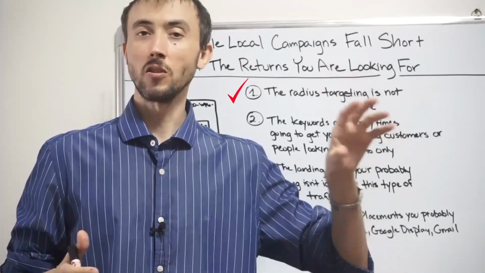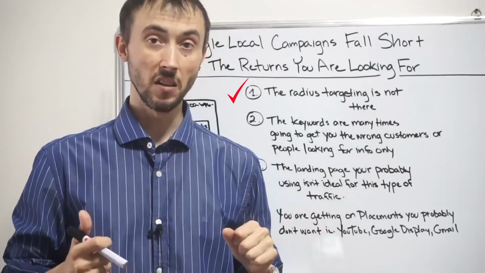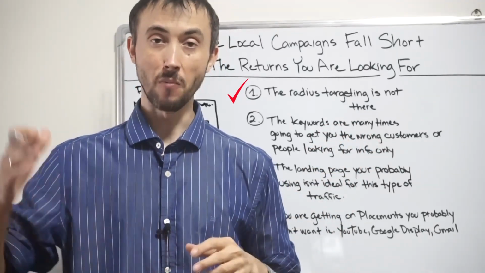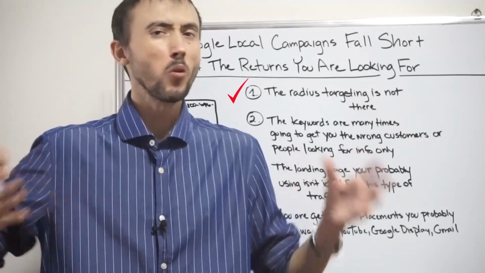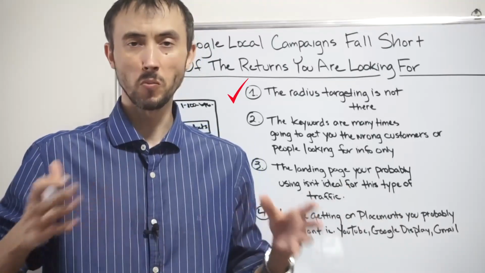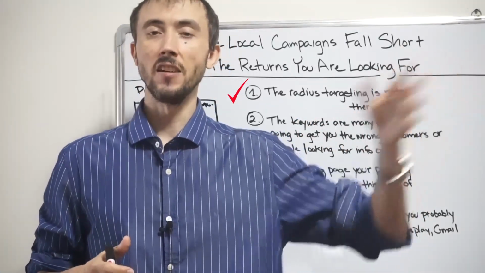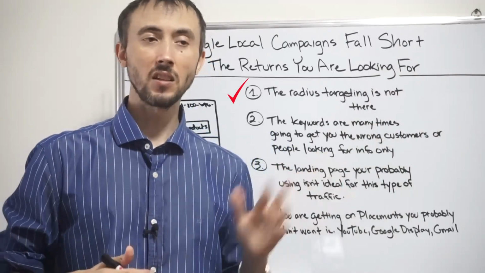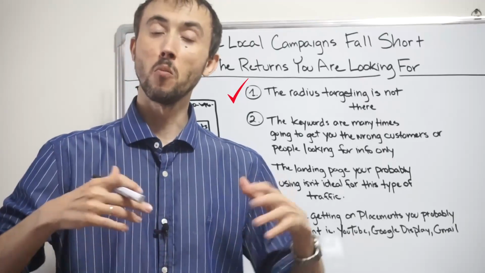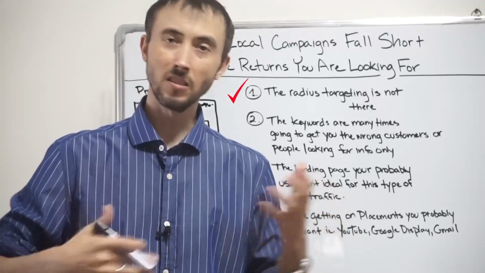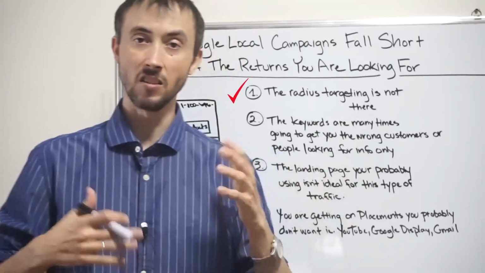Even though they could be in market, or maybe they are going to hire somebody to do a private investigation job for them in the near future, for most local businesses you don't want them when they're not at the place where they're actually looking to hire somebody today. Because even if they click on your ad, they're going to say, oh, that's nice, or more likely, this doesn't provide me any information, so I'm just going to leave. So you purely wasted your money in that scenario.